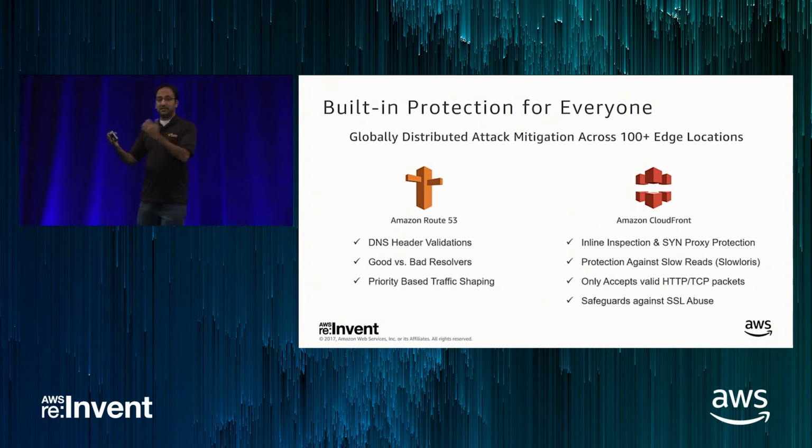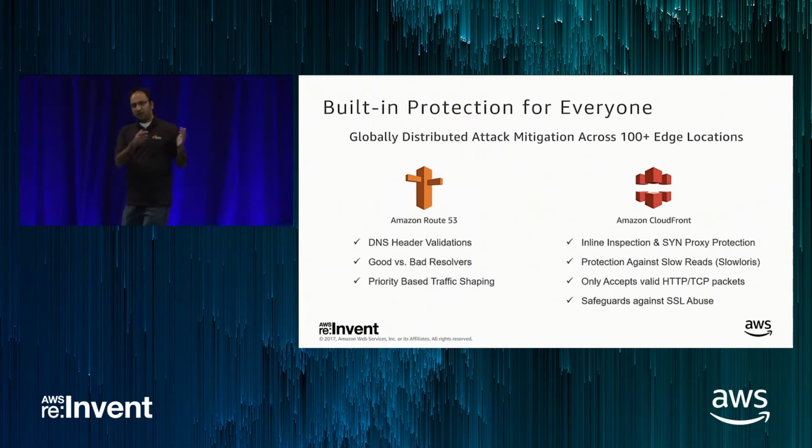Similarly, CloudFront and Shield are integrated, and it provides built-in protections for SYN floods or Slowloris attacks, where CloudFront has modules built in that automatically look for open and exhaustive connections and close them, thereby protecting the availability of your applications running behind CloudFront.